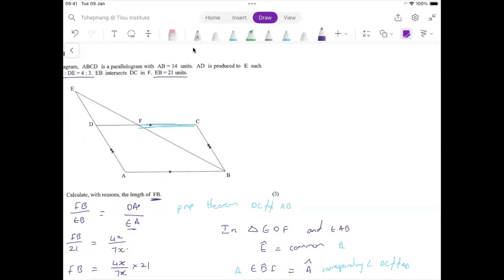All right. Now, we can conclude that DF over ED is in the same proportion as ED over EA. If you want to put that reason there, that's perfectly fine. Similar triangles.